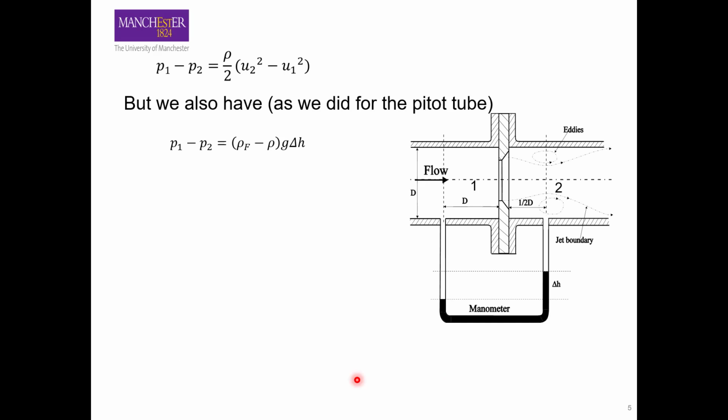But we also know from the analysis that we did, for example, for the pitot tube, for a manometric measurement, that P1 minus P2, the pressure at this point minus the pressure at this point, is equal to (rho F minus rho G) g delta H.